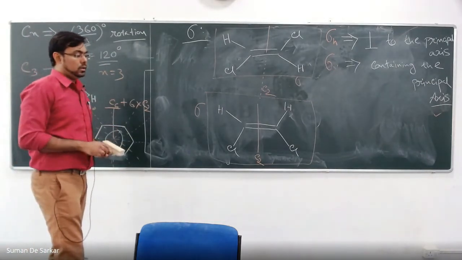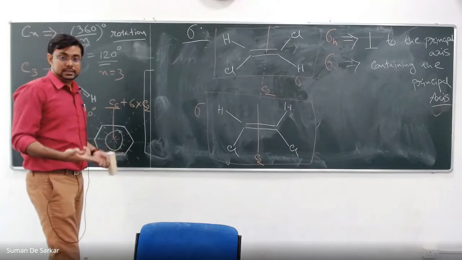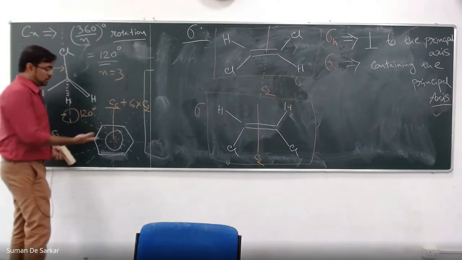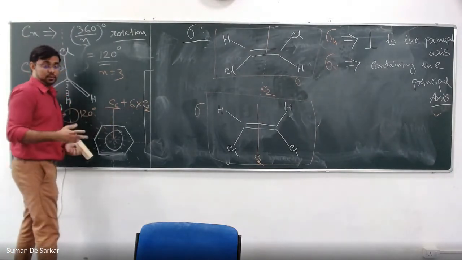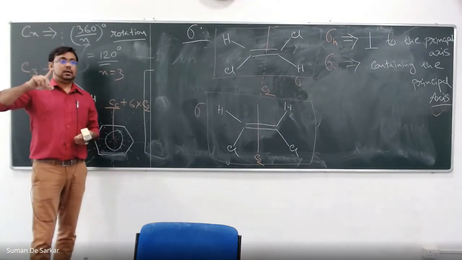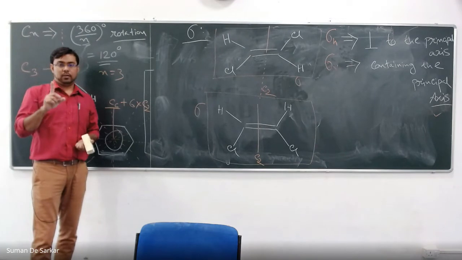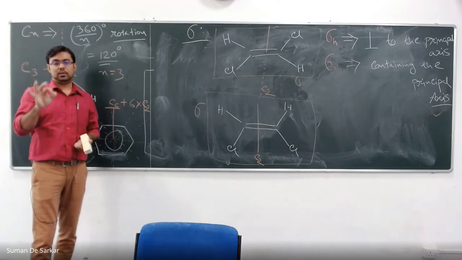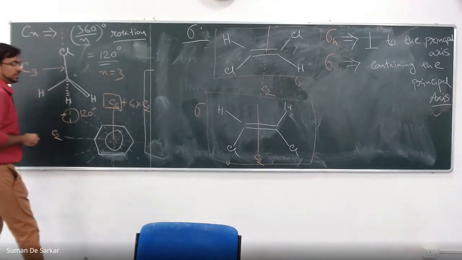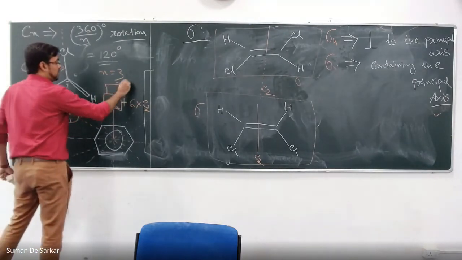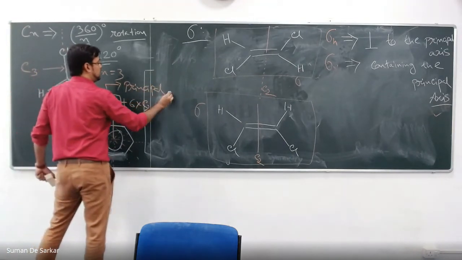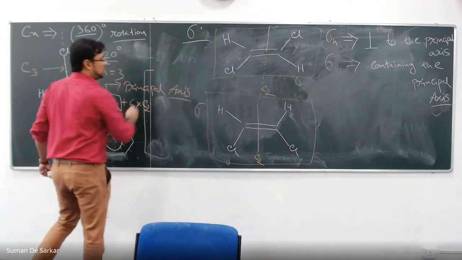When a molecule has several Cns, like benzene, which has one C6 and six C2s, in those cases, when there are multiple Cns, the axis with the highest n value is called the principal axis. So in this case, C6 has the highest n value, and this will be called the principal axis of benzene.